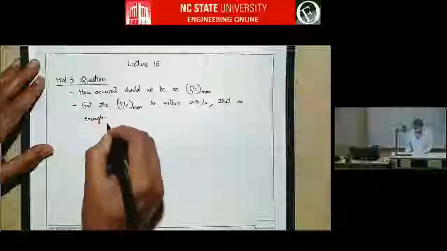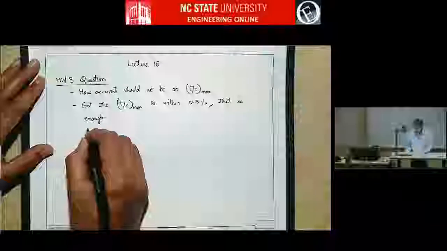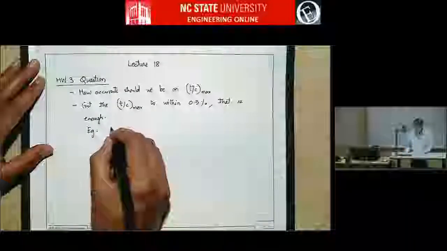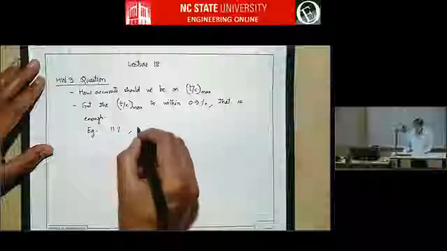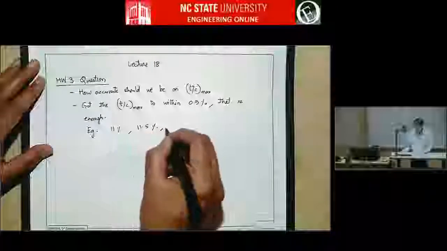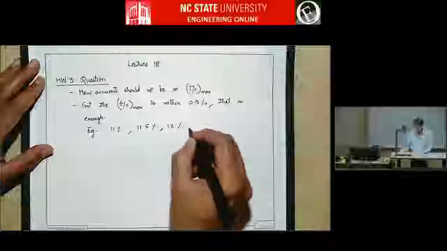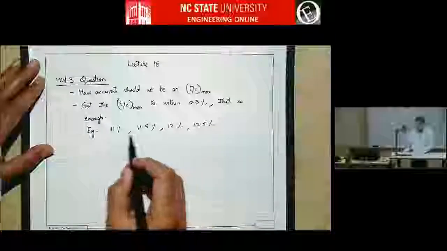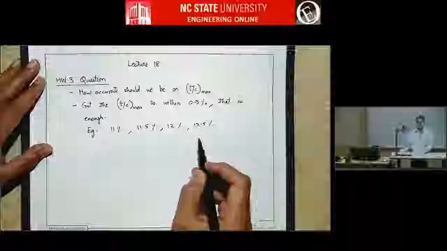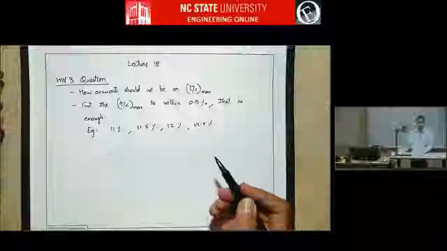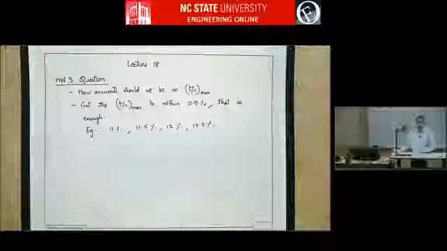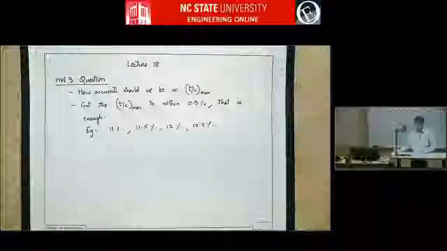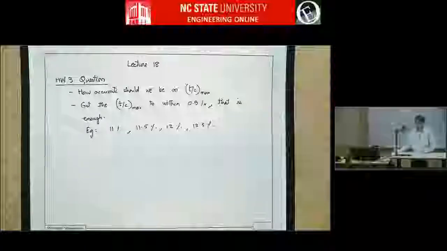In other words, an example is, let's say you have 11% chord, T over C, 11.5, 12, something like 12.5. If one of these is the minimum, then that's fine, that's enough. You don't have to go any finer than that. Okay, any other questions?